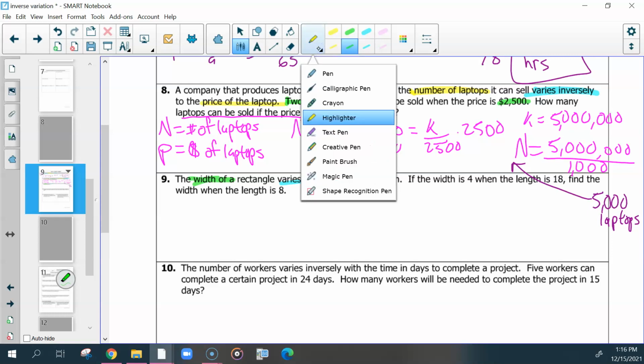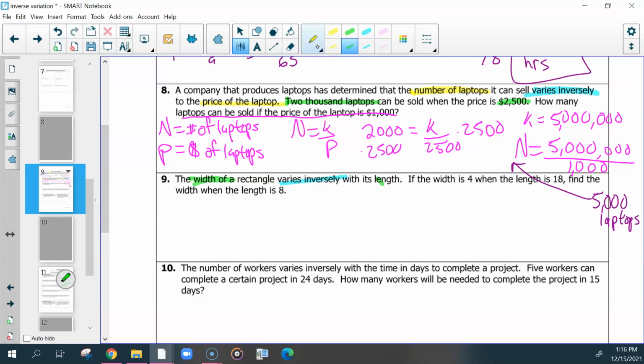So you could still set it up the same way, W equals K over L and solve for K, and then find the missing pieces. But I'm going to do this a little different. We know the width is 4 when the length is 18. And then we need to find when the length is 8.